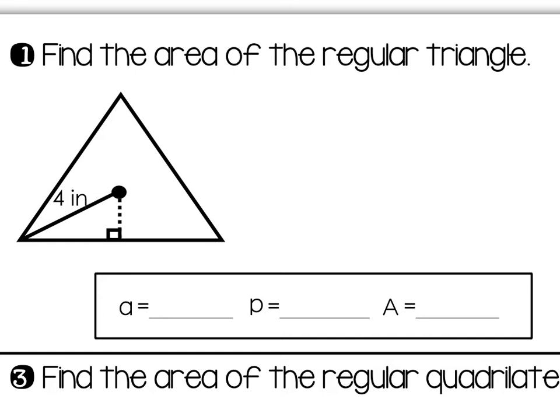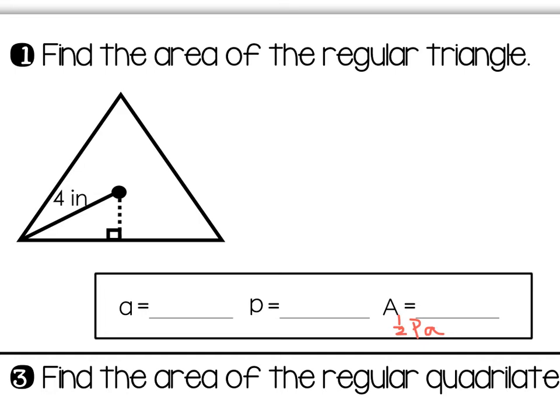All right, so on the front of your foldable, it says that the area of a regular polygon is 1/2 P, that stands for perimeter, times little a, which stands for your apothem. So basically where this capital A is, it's 1/2 perimeter times apothem.